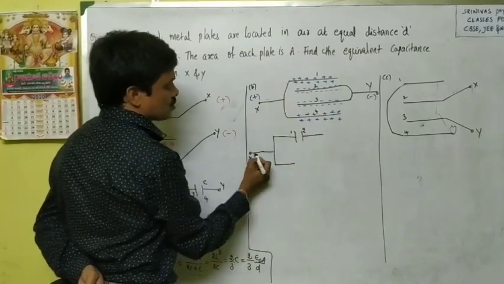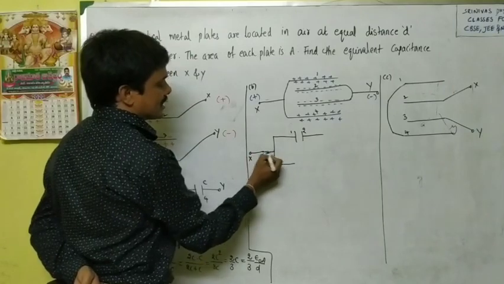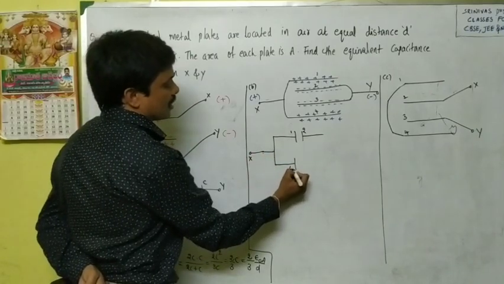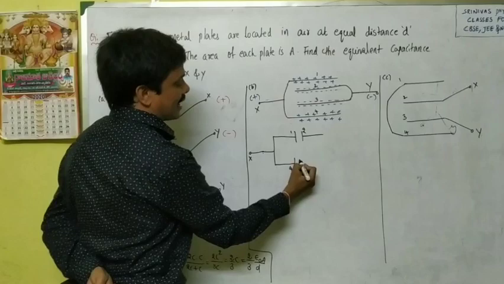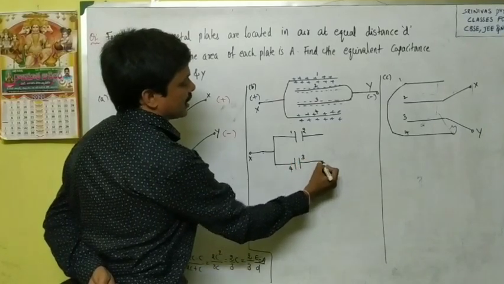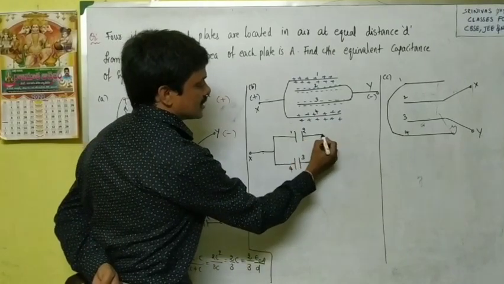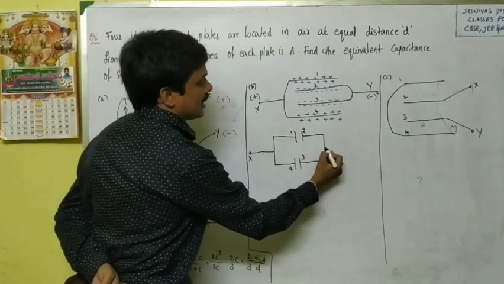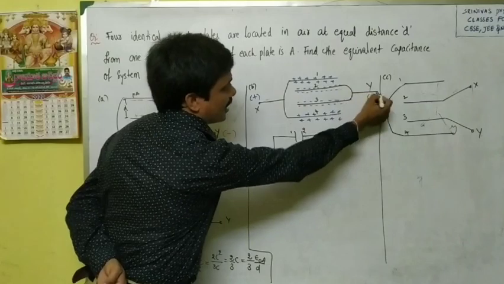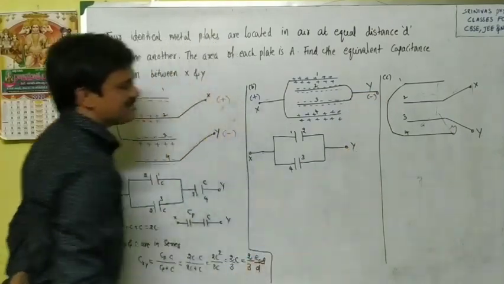And this 4 and 3 will act as one capacitor, right? And then 2 and 3 are combined, and then they are connected to Y, the other end. Simple, right?